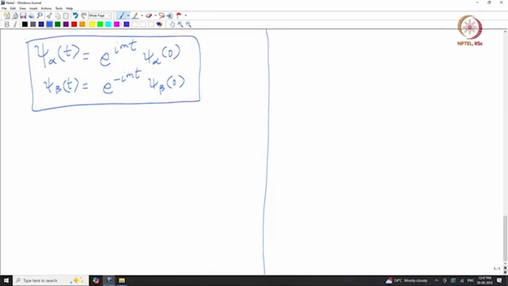Now again let me point out, written this way, this looks like a solution with a negative energy state. That is absolutely not what you should do.